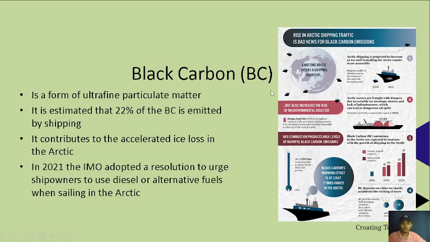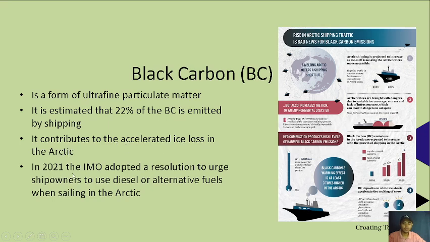We also have black carbon or BC, a form of ultrafine particulate matter. It is estimated that 22% of black carbon is emitted by the shipping industry. It contributes to the accelerated ice loss in the Arctic.